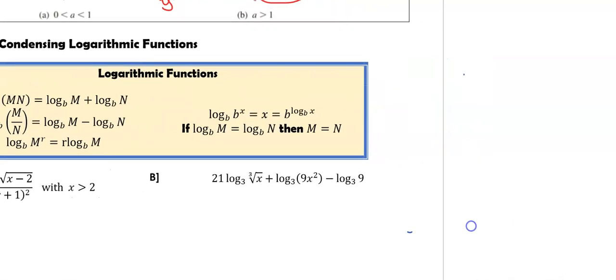For instance, if I have log base 2 of 4x squared y, just as an example. Inside the expression, I see 3 factors, the 4, the x, and the y. So to expand that, we will have three expressions of log.